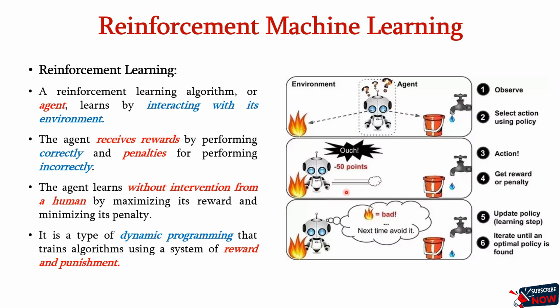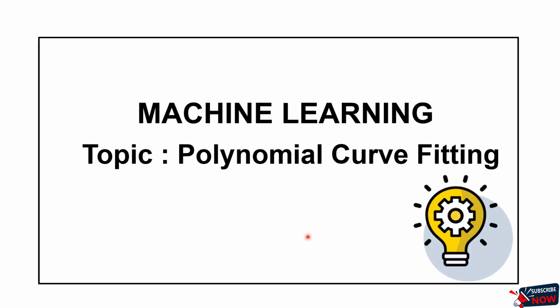So minus 50 points is given as punishment. Based on this punishment, it will update its policy, and based on the learning step, it won't repeat it further. So this iterates until an optimal policy is found. So this is the concept of reinforcement machine learning. Thus in this lecture we have seen about types of machine learning.